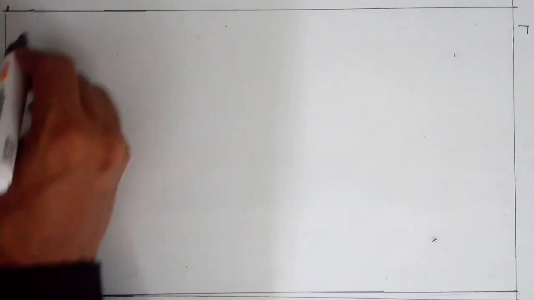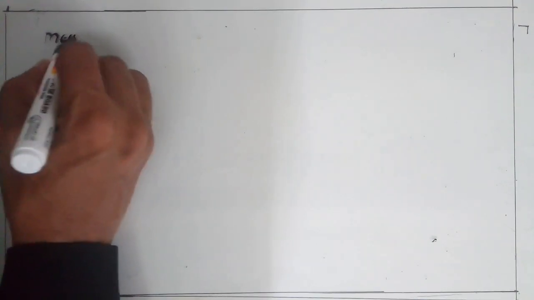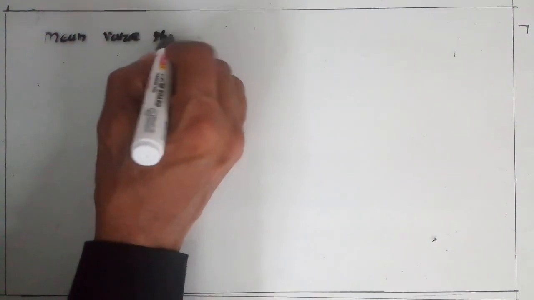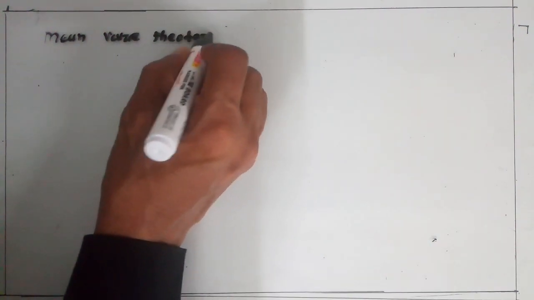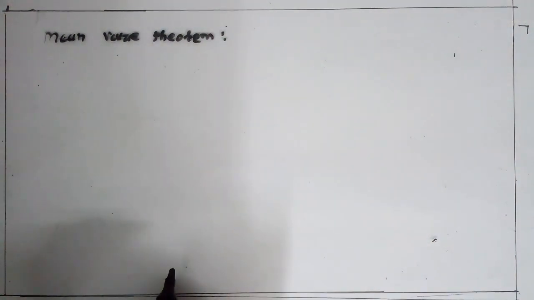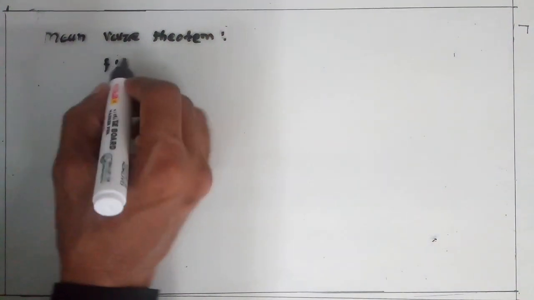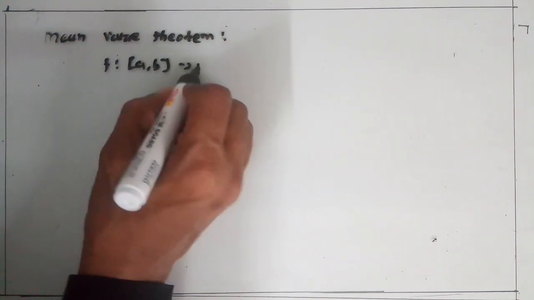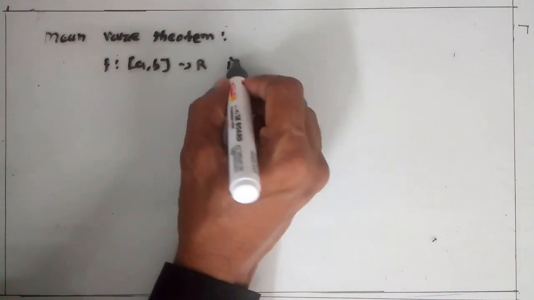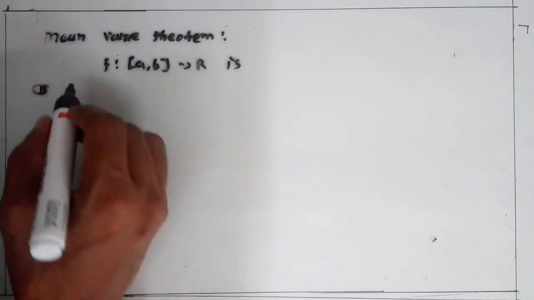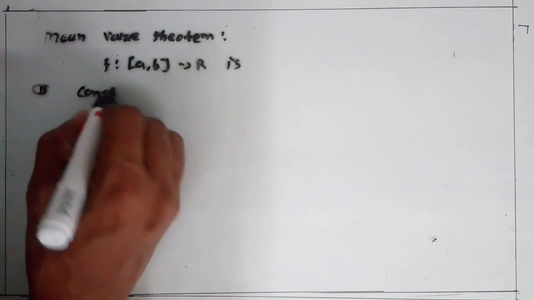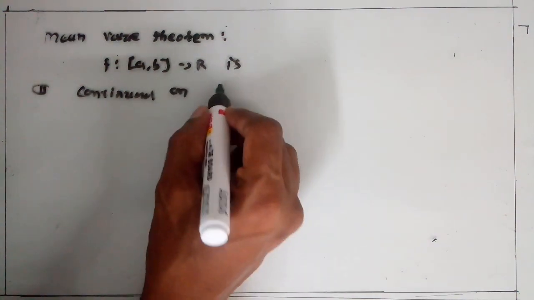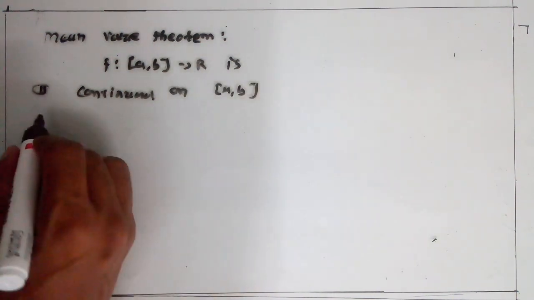Now here, the mean value theorem. Remember this mean value theorem. Function f from [a, b] to R is, first condition, continuous on the closed interval [a, b].